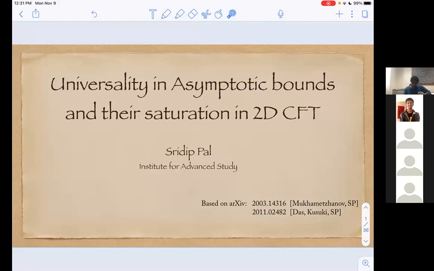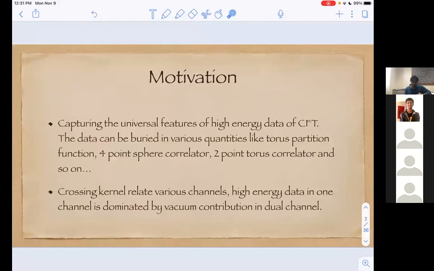So to begin with, the basic motivation here is to capture the universal features of high energy data from the CFT side. Most of the time, this data can be buried in various quantities like the torus partition function, or 4-point sphere correlator, or 2-point torus correlator, and so on. And there will be some tunable parameter, like for example, in the torus partition function, we have the parameter beta.